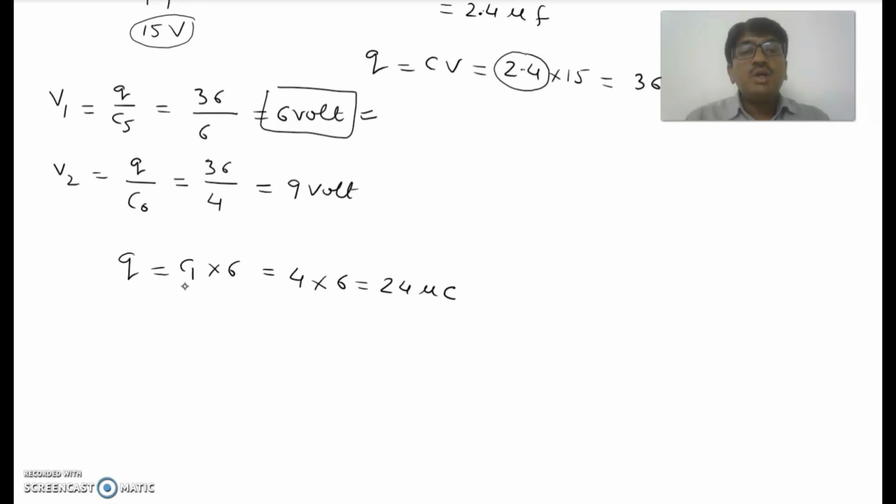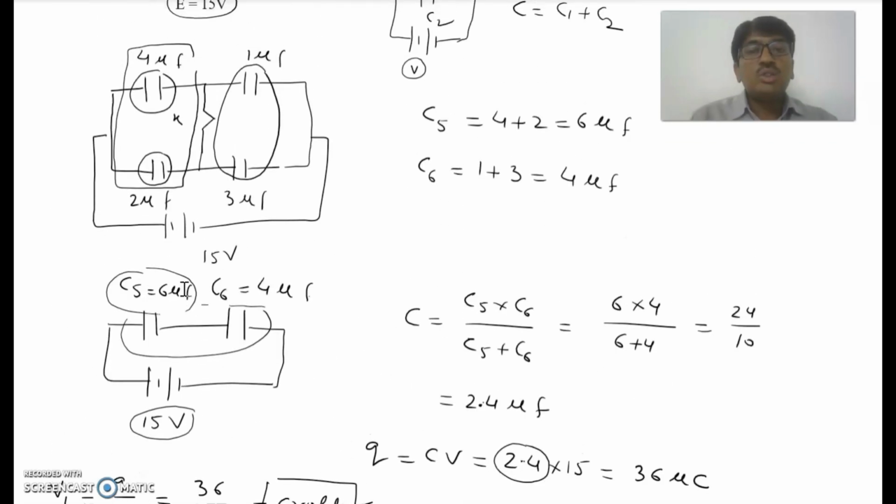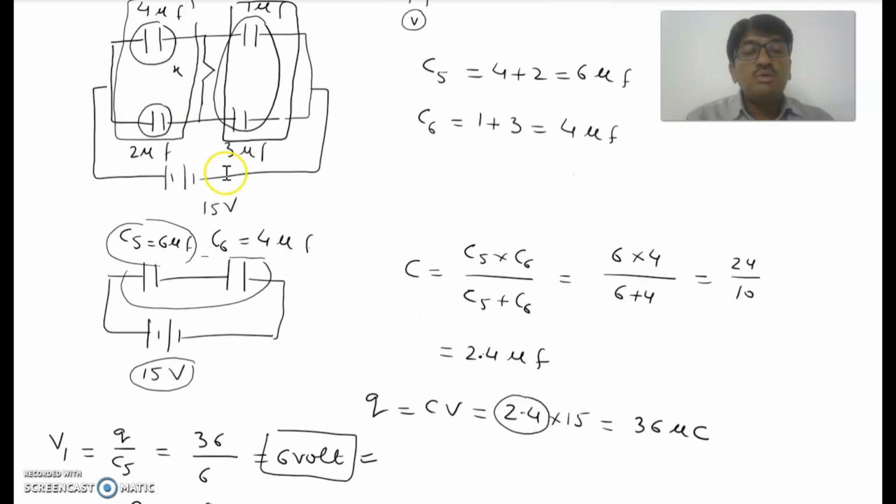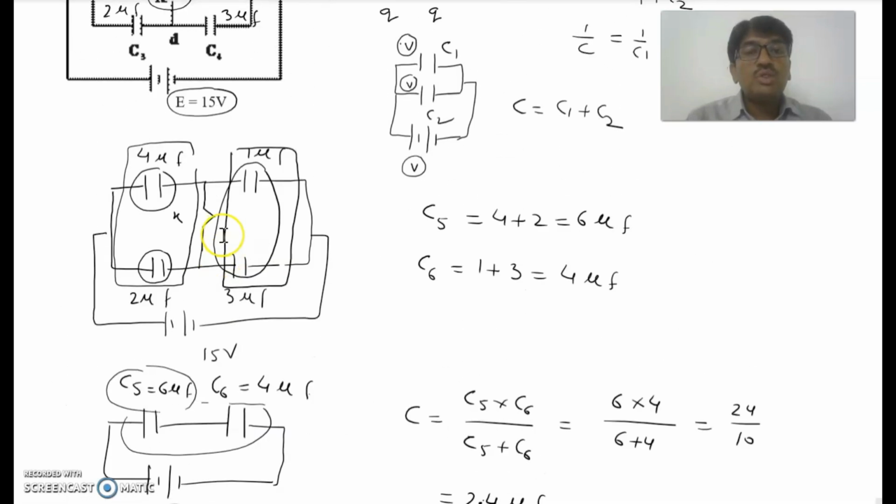Similarly, 9 volt is across the 1 microfarad and 3 microfarad capacitors, so the potential difference is V2, meaning 9 volt. Across the 1 microfarad capacitor the potential difference is 9 volt.